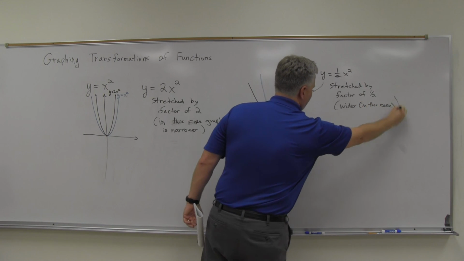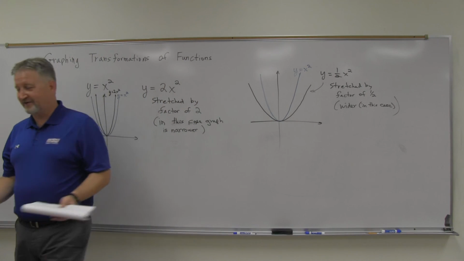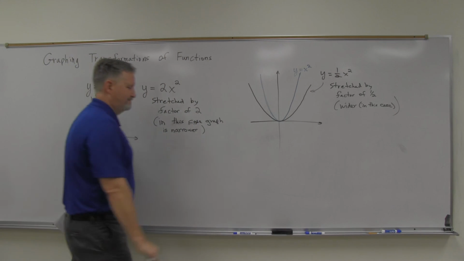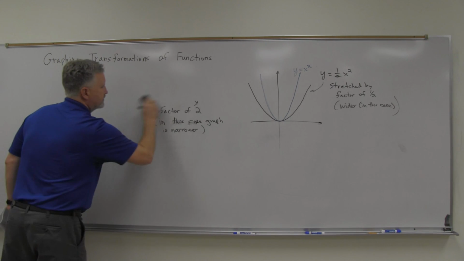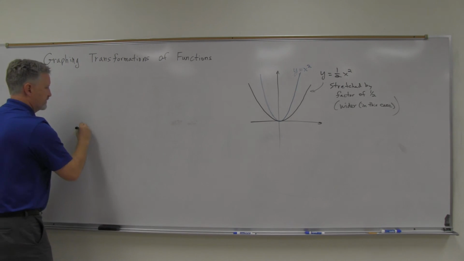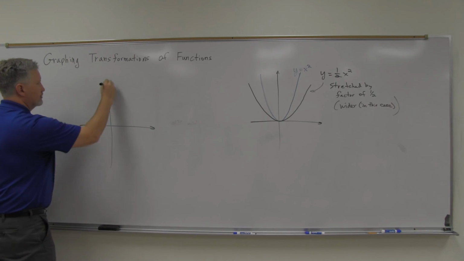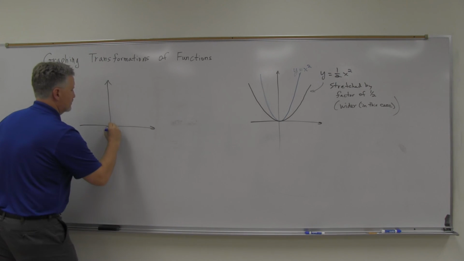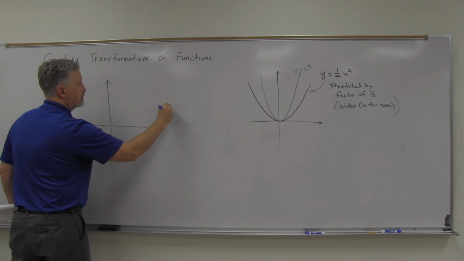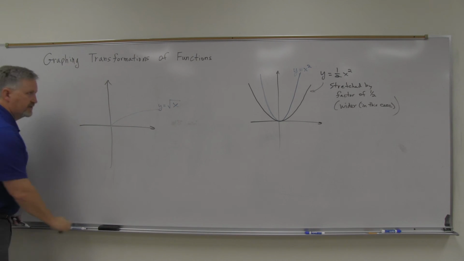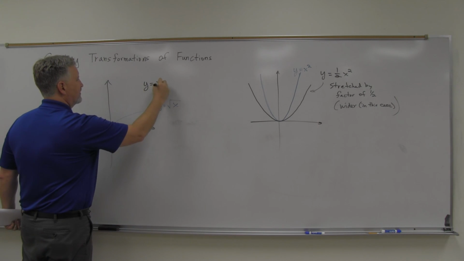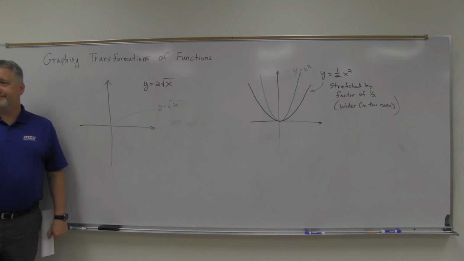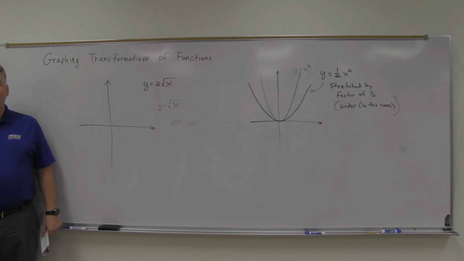Now, the reason I keep harping that it's wider in this particular case is look at this. If you look at the square root graph, that's what it looks like. If I do y equals 2 square root of x, well, stretched by a factor of 2, is that going to make it wider or narrower?